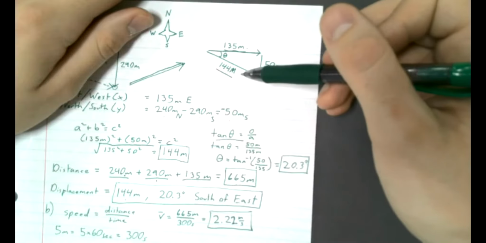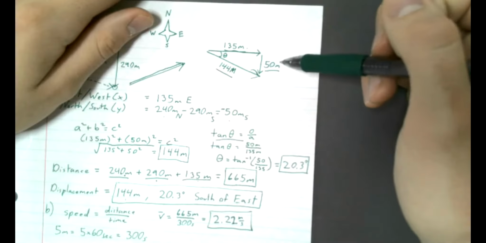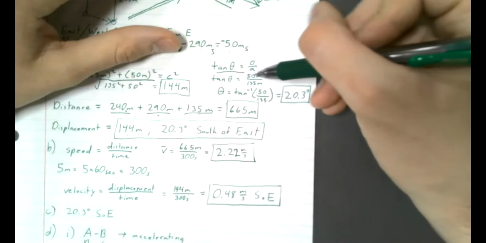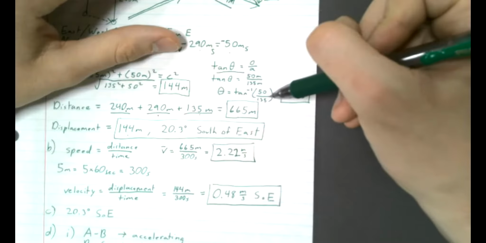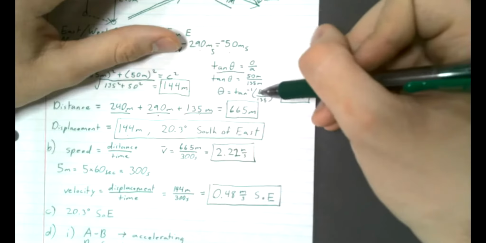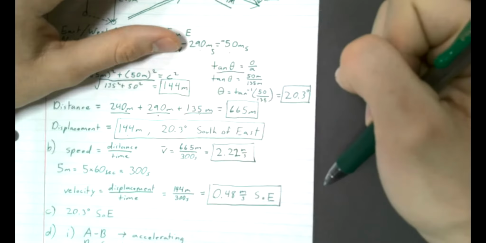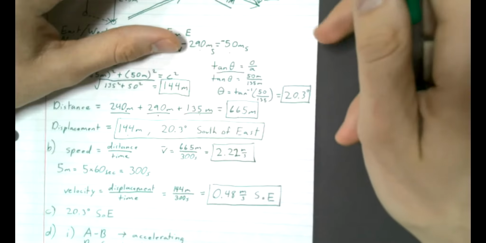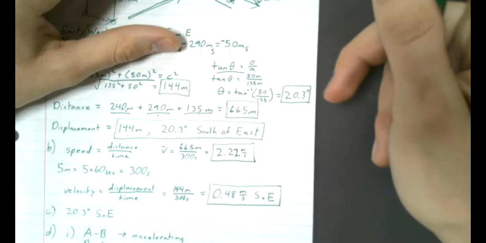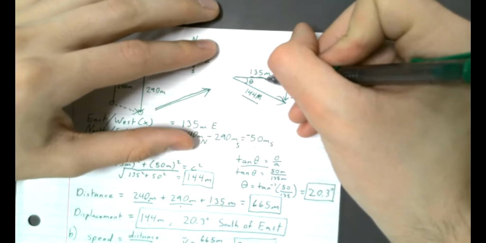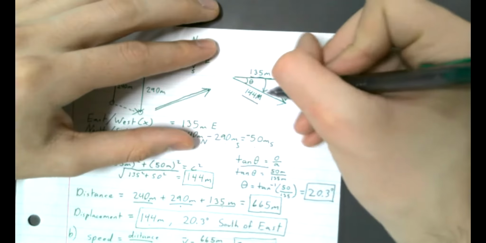You can use whatever function you want, but I find it's generally safer to use tangent. Anyway, so tangent of theta is equal to 50 over 135. Doing inverse tangent to solve for the angle, 50 over 135, you get 20.3 degrees, okay? And so 20.3 degrees, we start at east and we go south to get to the line.